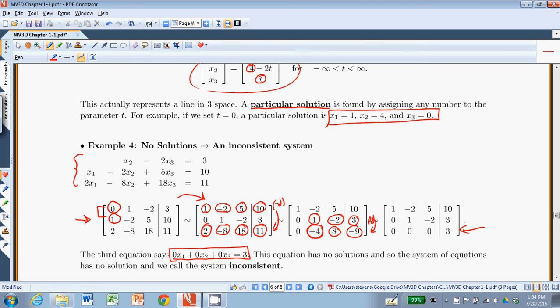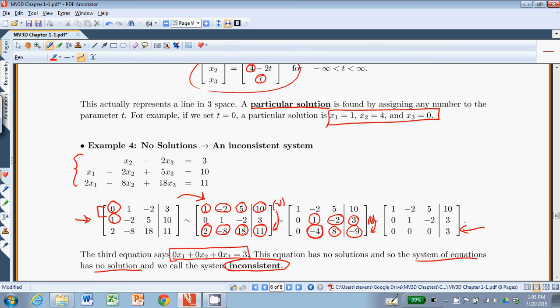And that should strike you as odd. Right away you'll see there are no solutions. You can't take 0 times a number plus 0 times another plus 0 times another and get 3. That equation has no solutions. And so the system of equations has no solution. And we call the system inconsistent.